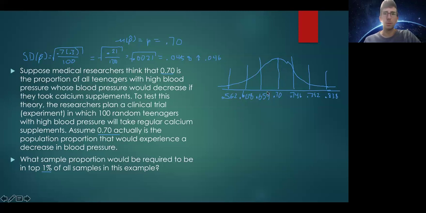And what are we looking for? We're looking for some cutoff p-hat value, some sample proportion where the area under the curve is exactly 1% to the right of us, so that this sample proportion would be in the top 1% of all of our samples.